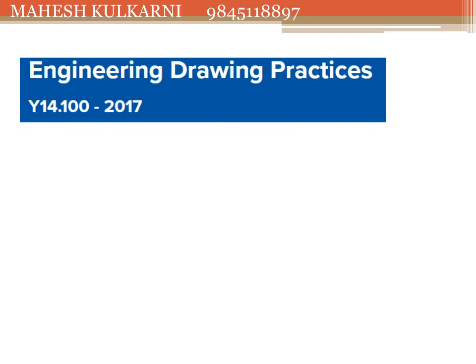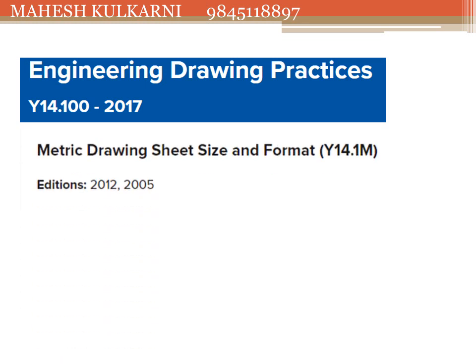The first standard, ASME Y14.100, covers the engineering drawing practices. This covers the projections and section views, allied views, how these need to be done, and how an engineering drawing needs to be created. All those basic details are covered in this standard. It also covers something related to notes.